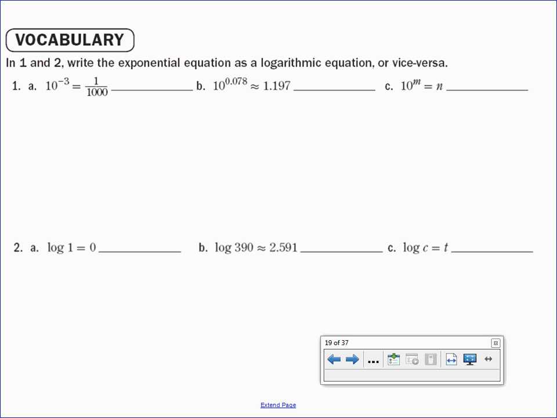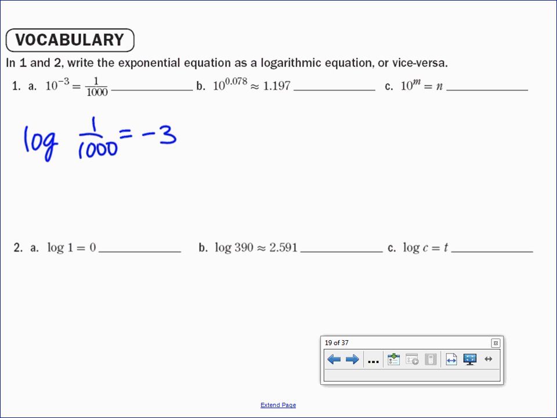Okay, we'll do the first one together. So I go ahead and rewrite log, common log, I don't need to write the base, of the input equals the exponent. What was the exponent? -3. Go ahead and do the remainder. Too small for you guys?